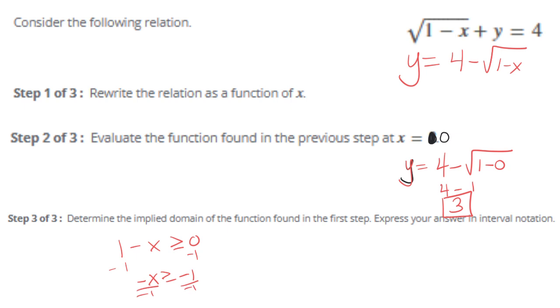If you'll recall, when you divide by a negative, you have to switch the direction of your inequality. So whichever way you did this, you end up with x has to be less than or equal to a positive 1.